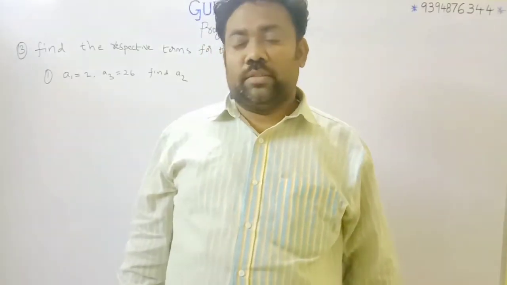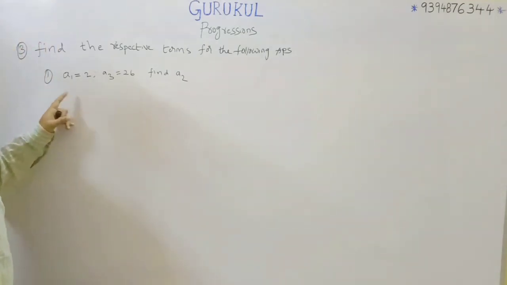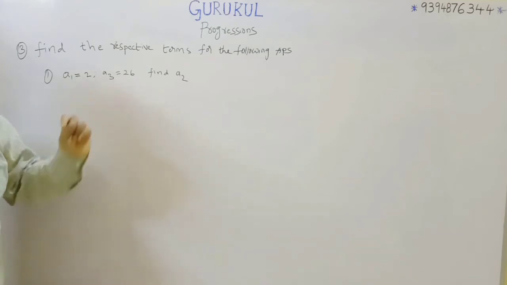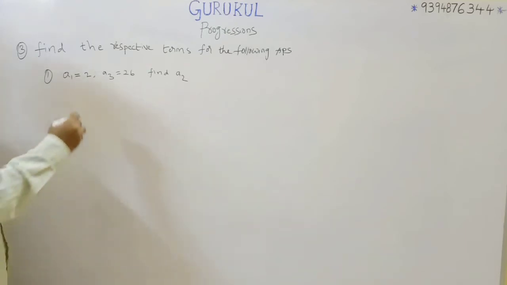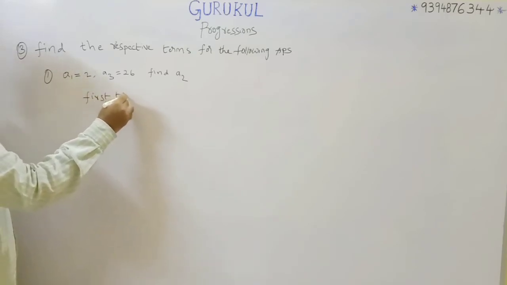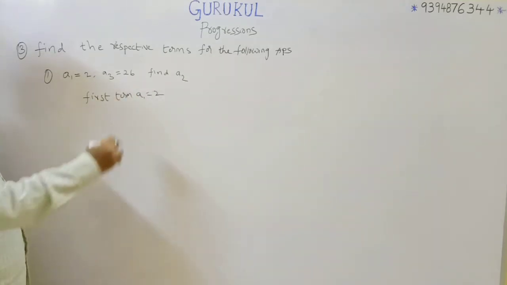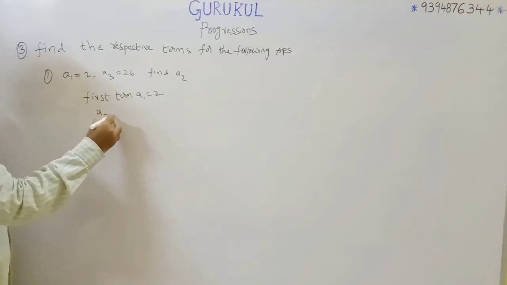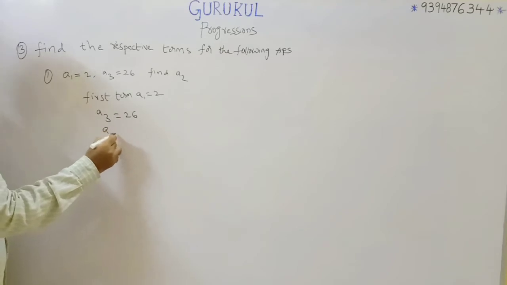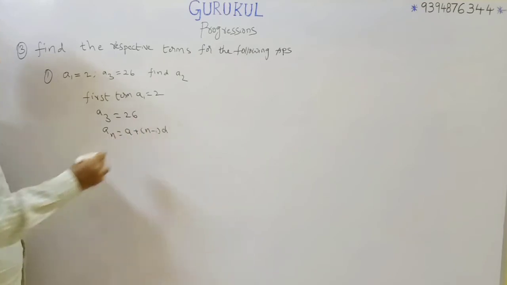Now, third question. Find the respective terms for the following APs. A1 equals 2, A3 equals 26. Here in the question, A1 equals 2, A3 equals 26. We know that an equals a plus (n minus 1) into d.